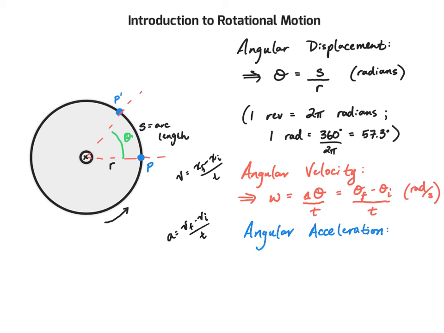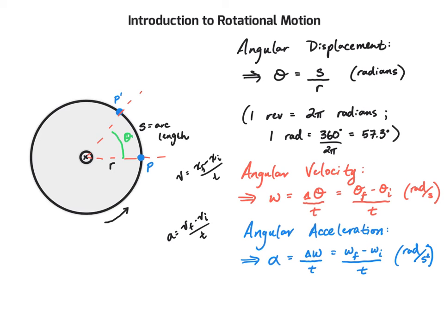The equation for angular acceleration looks very similar to that. We're going to say that alpha is equal to our change in angular velocity divided by time. And we can extend that out even further and say angular velocity final minus angular velocity initial divided by time. Now our units: we have radians per second up here, we have seconds down here, so our units for angular acceleration are simply radians per second squared.